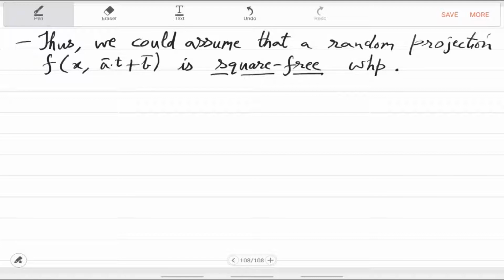So let us then look at the version of irreducibility theorem that we need to prove.